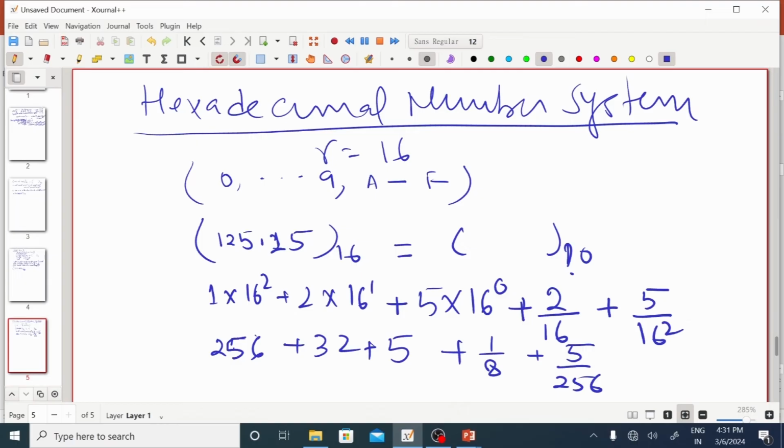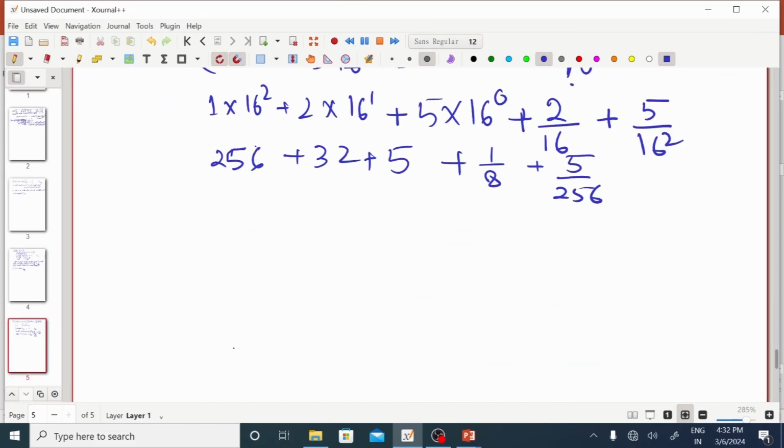So for obtaining this number in decimal: 256 plus 32 plus 5 gives 293, plus 1 divided by 8 means 0.125, plus 5 divided by 256, which is nearly equal to 0.02.